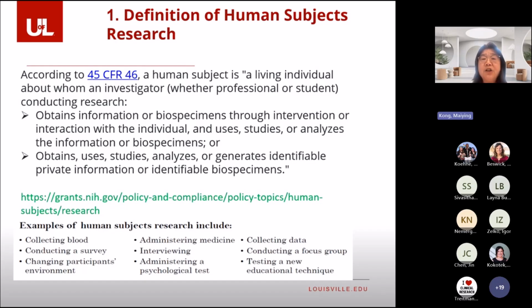This is the definition of a human subject. Research involving a human subject is human subject research. Examples include collecting blood, conducting a survey, changing participants' environment, and so on and so forth.